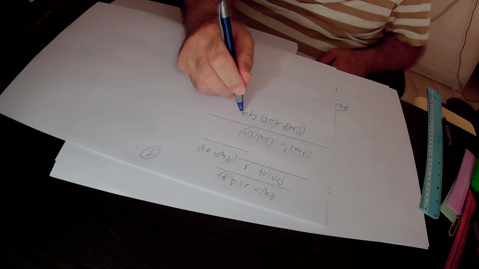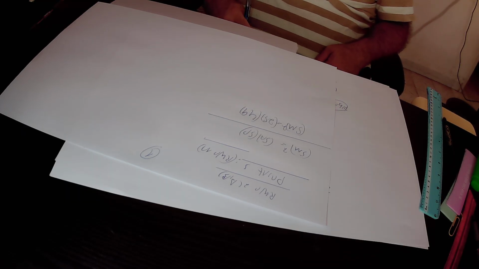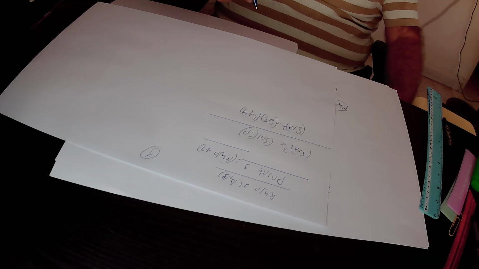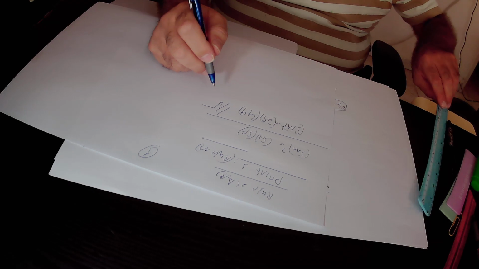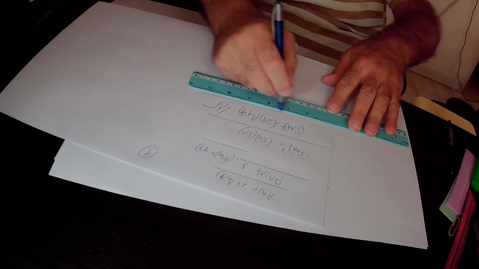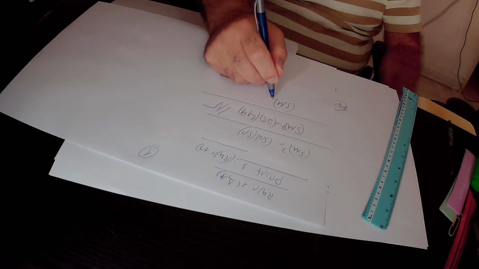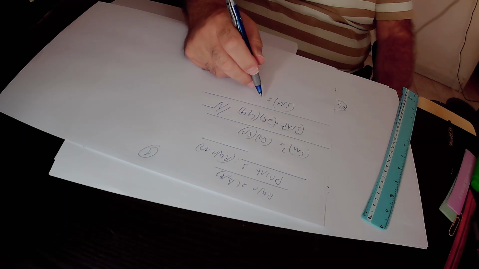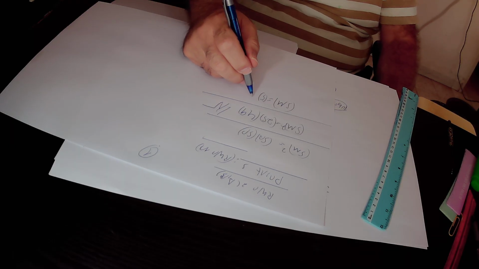So in total, we found that SM squared equals 25 times 49. Here we take the square root of this equation. And finally we get that the length of SM is equal to the square root of 25, that is 5, times the square root of 49, that is 7.